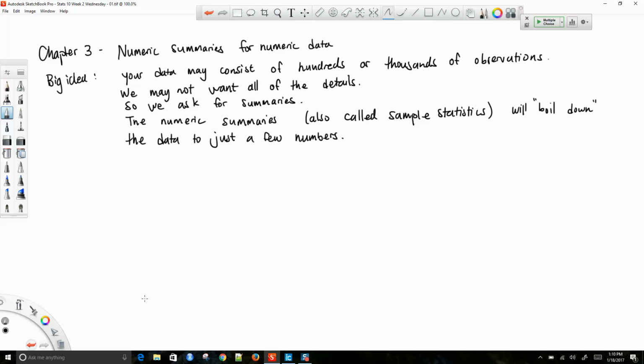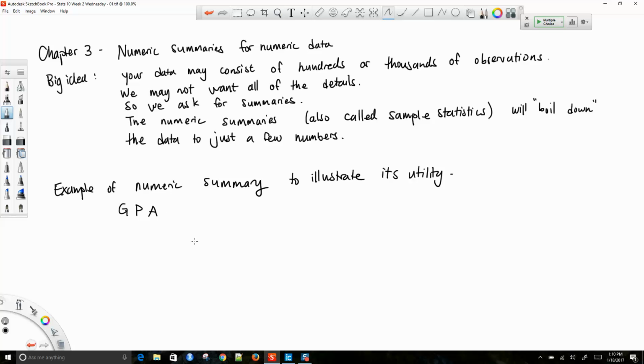Okay, and so here we have a numeric summary that I'm sure you're all familiar with. Here's an example of a numeric summary to illustrate its usefulness, its utility. A numeric summary that you're probably all familiar with is your GPA.